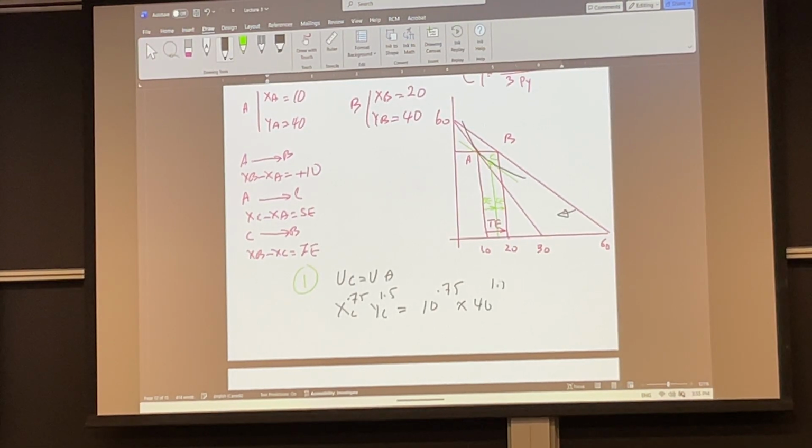And they should yield the same satisfaction. That is utility of A, and how much is it? How much is utility of A?